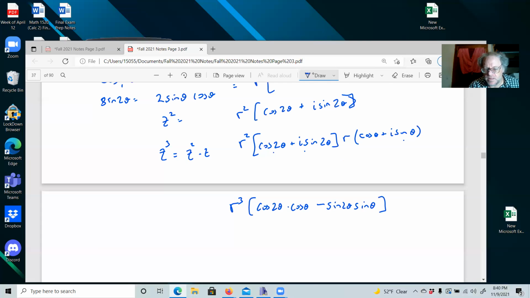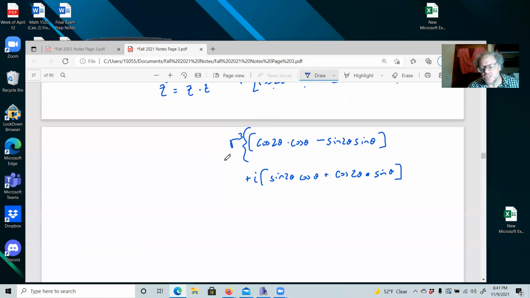Okay, and then we'll say plus i, and then we have a sine 2 theta cosine theta, and then we have the other one. So it's going to be cosine 2 theta times sine theta.